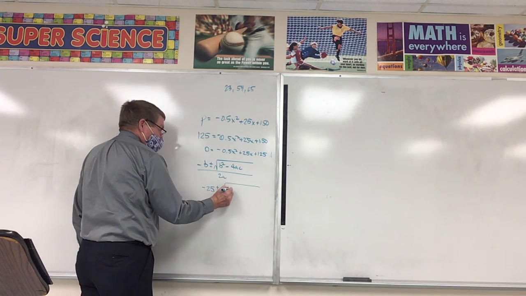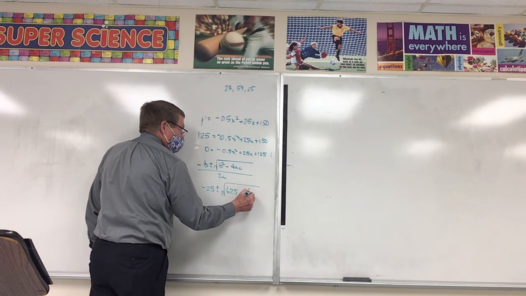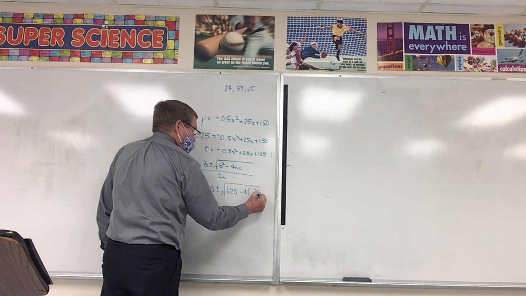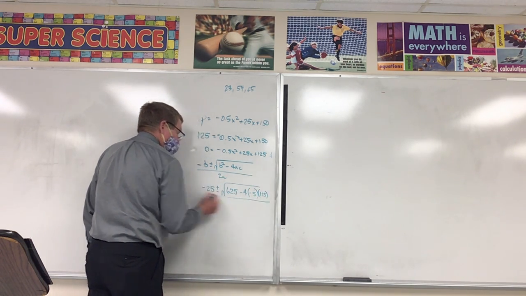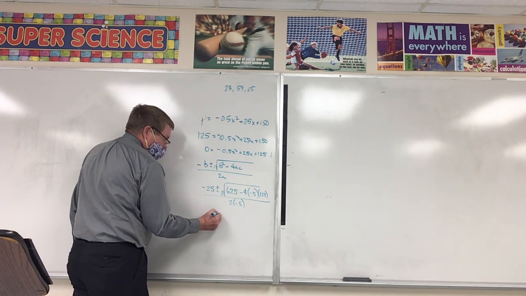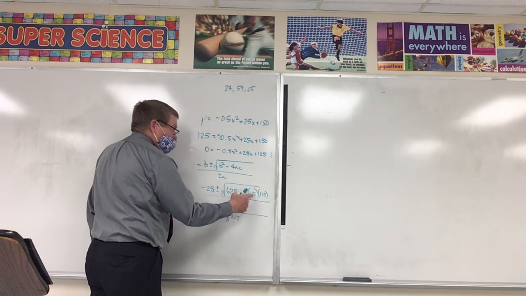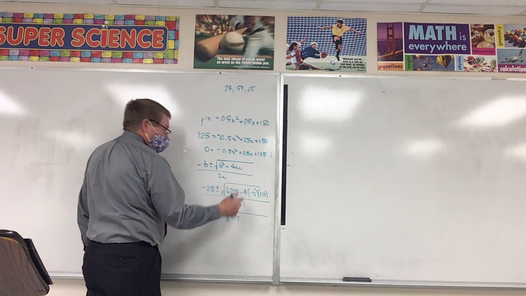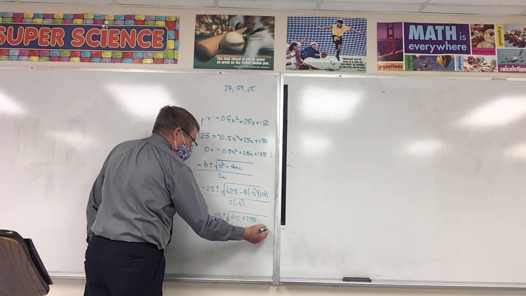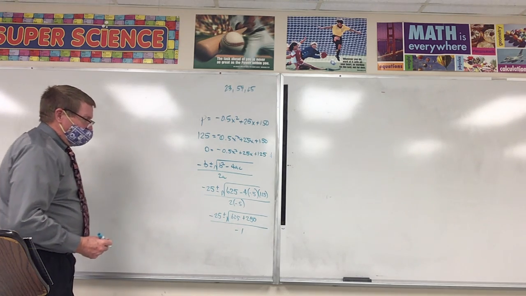My b is 25, so that's negative 25 plus or minus the square root of 25 squared, which is 625, minus 4 times a, which is negative 0.5, times c, which is 125, over 2 times negative 0.5. So negative 25 plus or minus the square root of 625. 4 times 0.5 is 2, and 2 times 125 is 250, over negative 1, because 2 times negative 0.5.